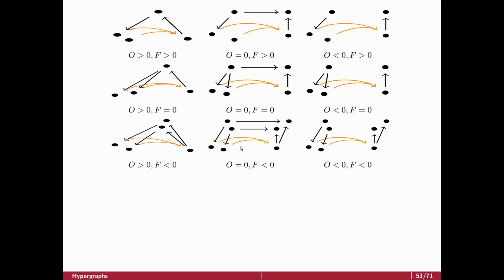For the Forman curvature, you look at each vertex and how many other edges or hyperedges are emanating from that vertex. In the upper left panel, the neighborhoods overlap, because we look at the configuration here and the configuration here. The neighborhoods just overlap in a single vertex, so there's no non-overlap.